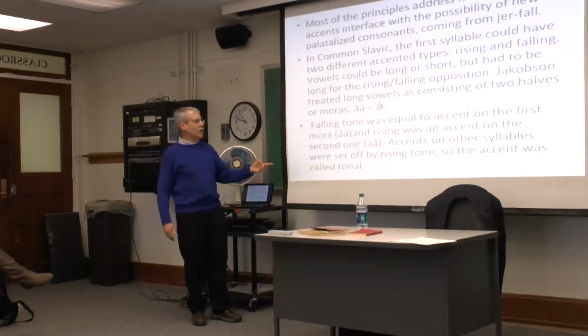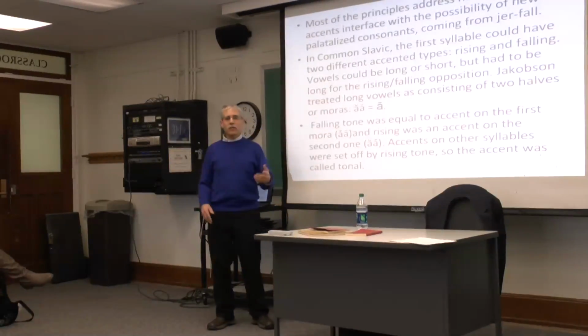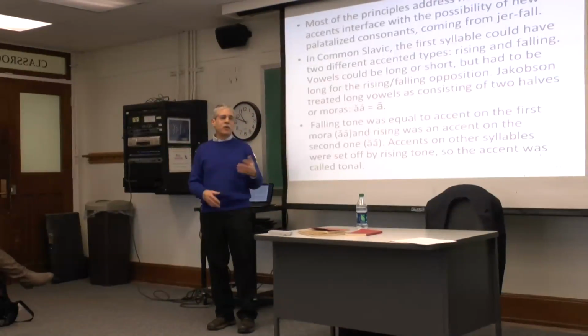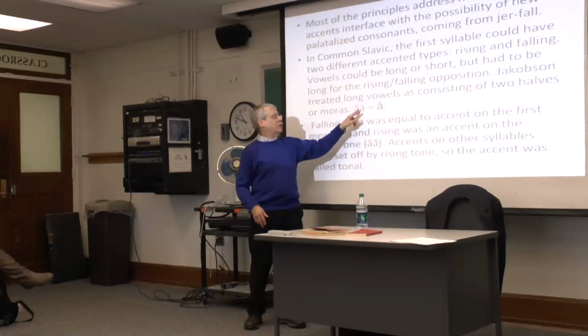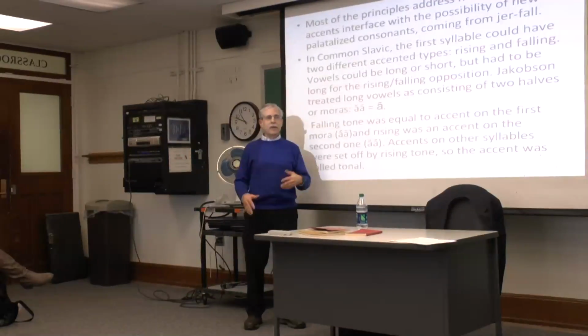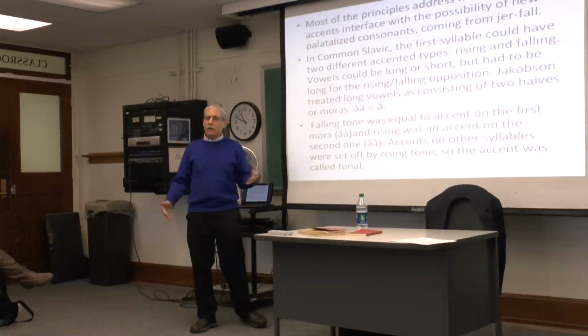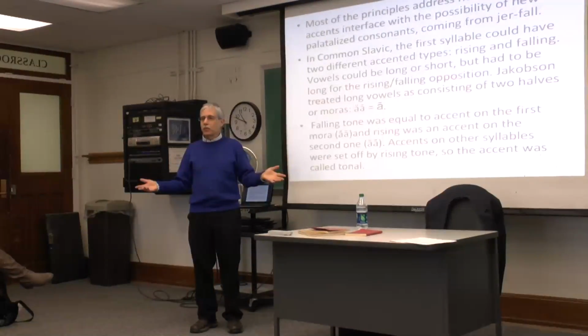Accents on other syllables, when you had a tonal system, supposedly were shown by a rise. But if you didn't have a tonal system, in other words, if you didn't have two moras and tone in one syllable, then any old accent was by loudness. So in English, how do we tell the difference between words like present and present? Since we don't have a tonal language, the thinking is it's loudness. Russian, the same story.